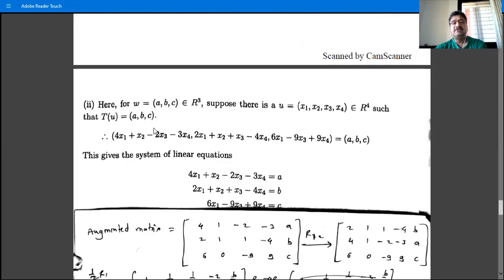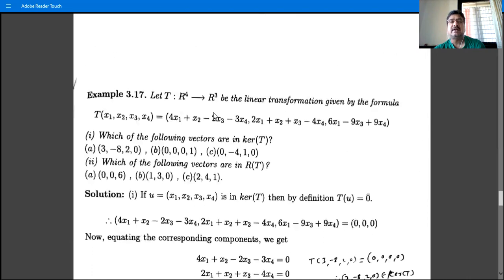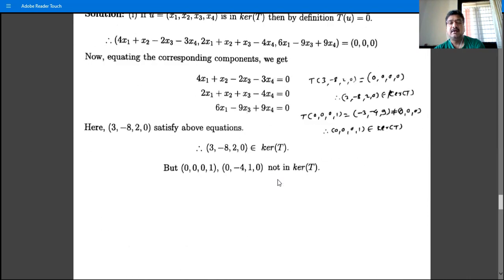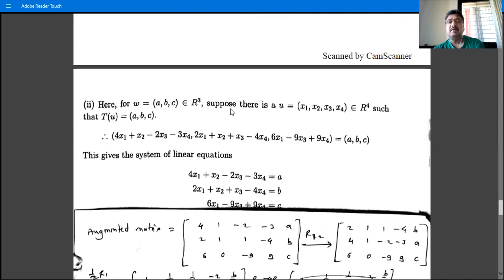So we say that W equal to (a, b, c) in R3, an element of the codomain, belongs to the range of T if there exists some vector U = (x1, x2, x3, x4) in R4 such that T of U is equal to (a, b, c). That is, this (a, b, c) is the image of some element in R4.